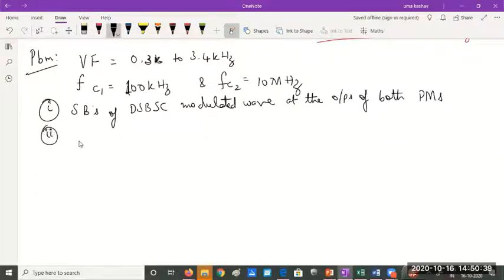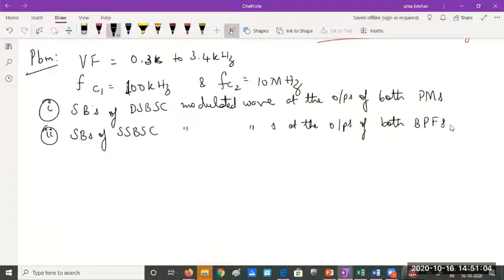Second, sidebands of SSB-SC modulated waves at the output of both bandpass filters.